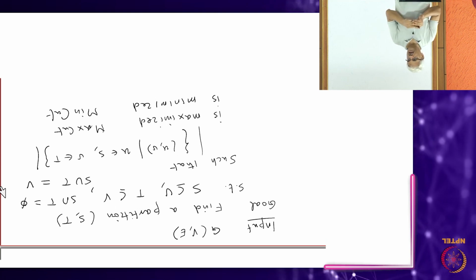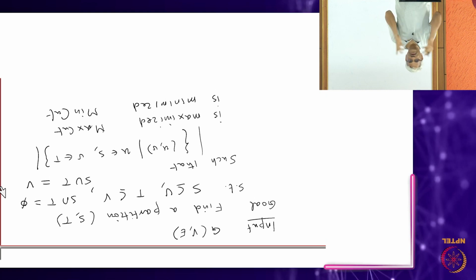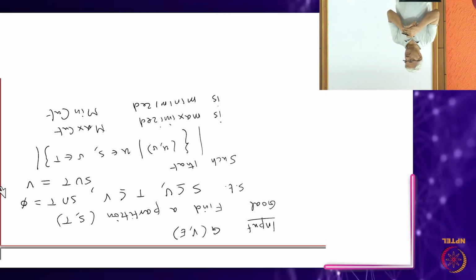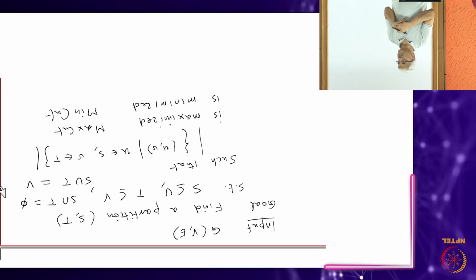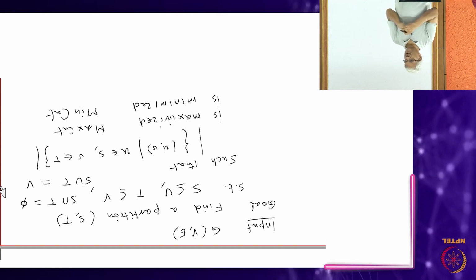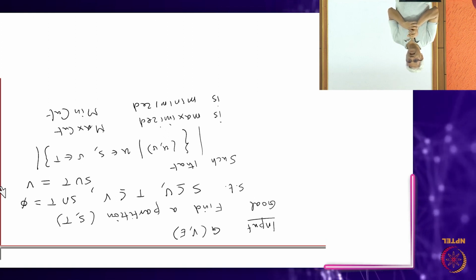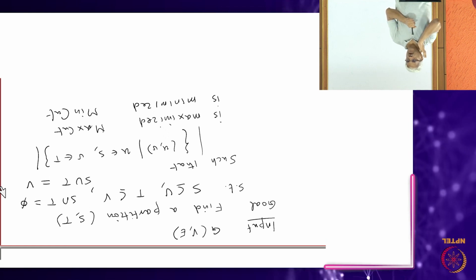So, min cut can be solved using max flow. Anybody has seen max flow min cut theorem? Okay. Menger's theorem is a variation of it. But you have seen flows, max flow. Anybody else who has seen max flow? Okay.